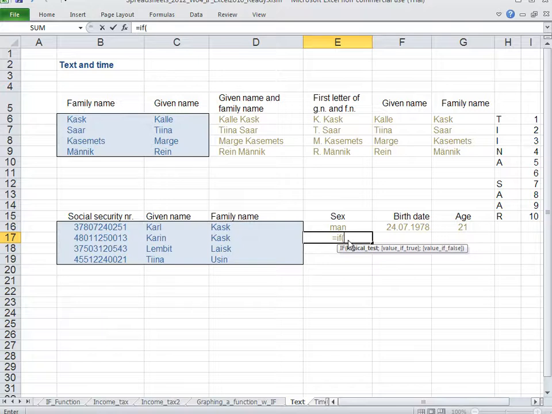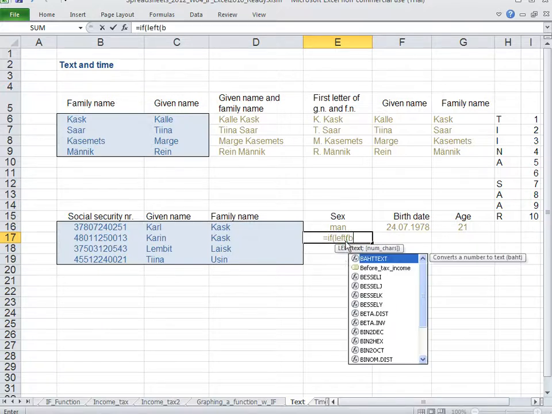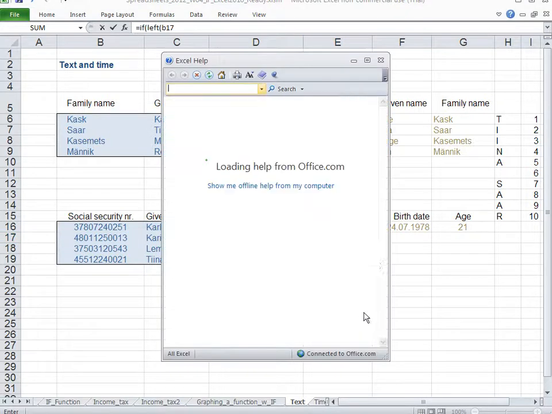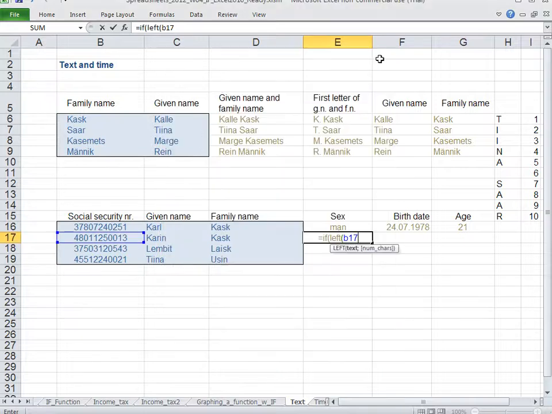So we write the text function left, parenthesis begin, and it's B17 in which the social security number lies, and as the hint from the lower portion tells us, it's followed by semicolon 1, which is 1 character from the left.